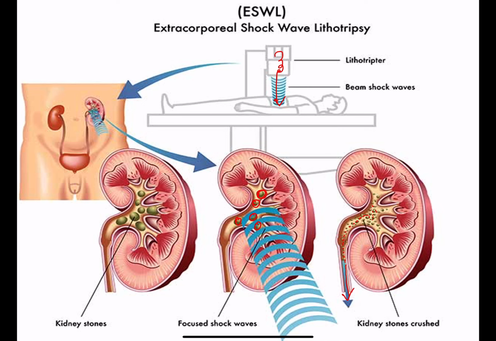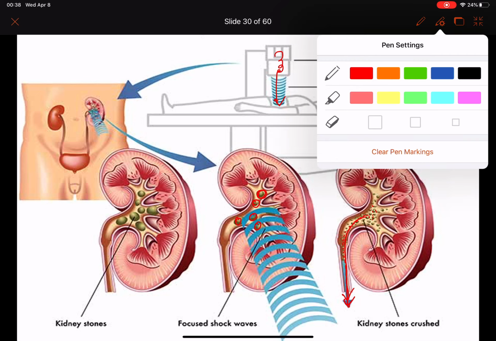This is what ESWL means. Extracorporeal means the shock wave is produced outside the body, passes through the body, is focused onto the stone inside the kidney, and breaks it down into fragments that come out through the urine. This is ESWL. I am talking very basic now. Later on I will discuss in detail.